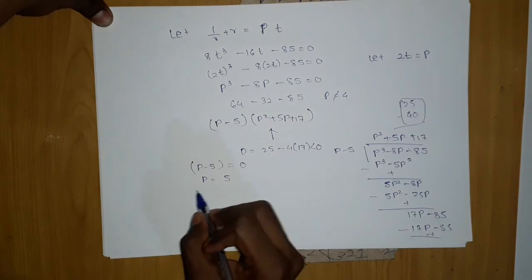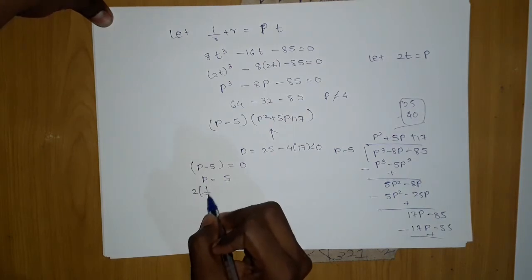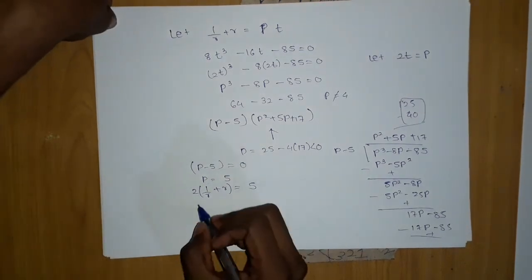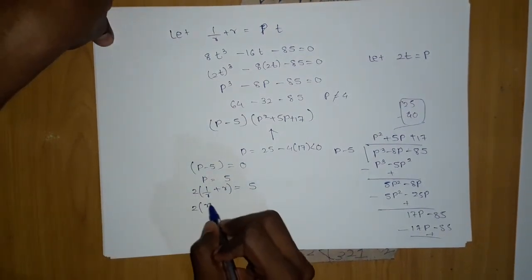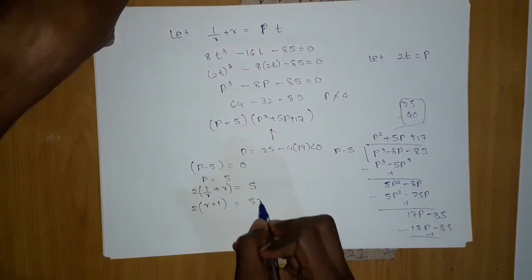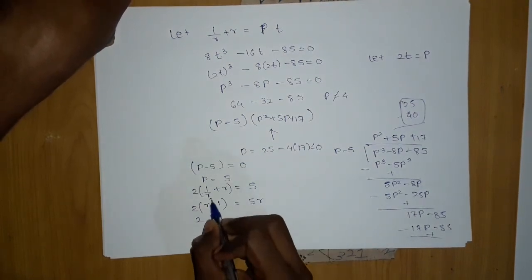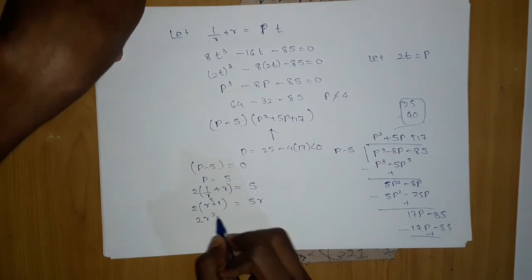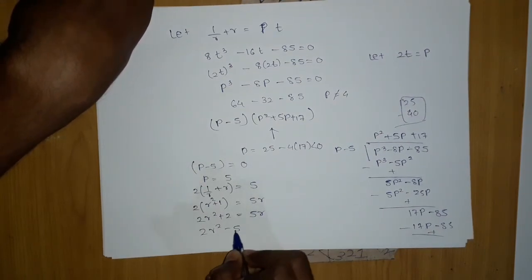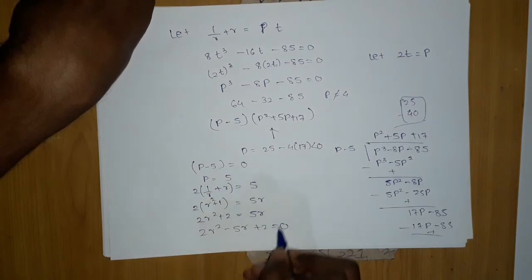Now it was 2 into (1 upon r plus r) should be equal to 5. So 2 into (r square plus 1) equals 5r, which gives 2r square plus 2 equals 5r. So we have 2r square minus 5r plus 2 equal to 0.